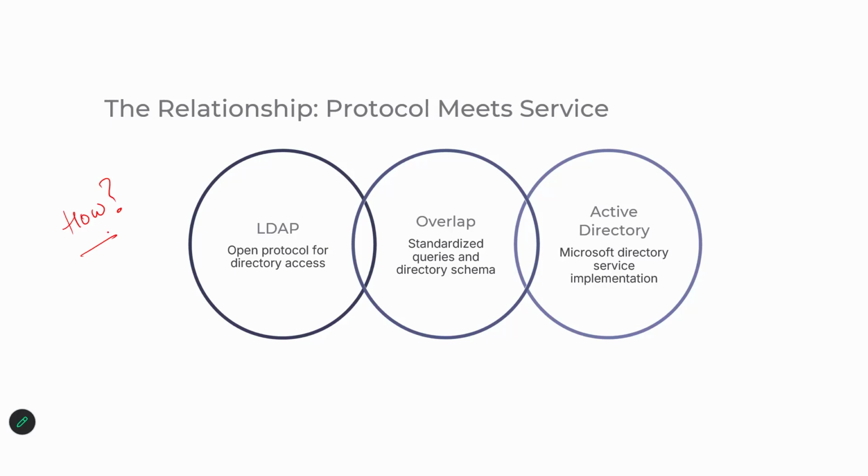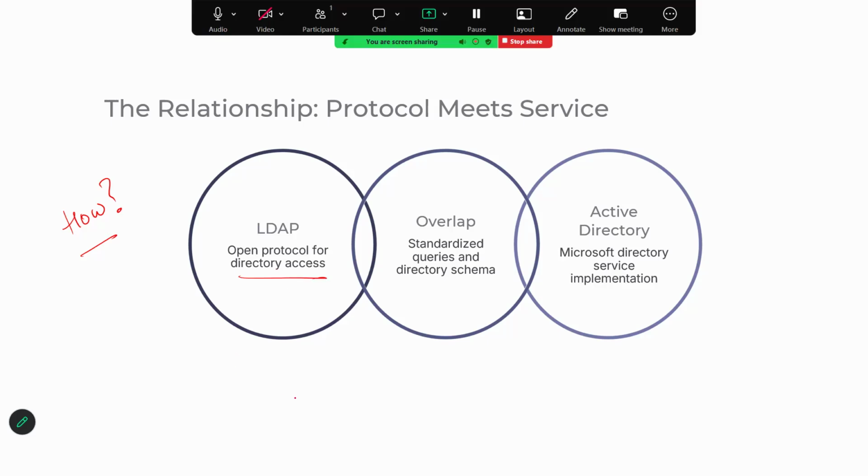The key distinction is LDAP is not a service you install. You install directory services like OpenLDAP or Active Directory that speak the LDAP protocol. That's the relationship here. LDAP is the open protocol for directory access. Active Directory is Microsoft's directory service implementation, and the overlap, the common criteria here, is standardized queries and directory schema.